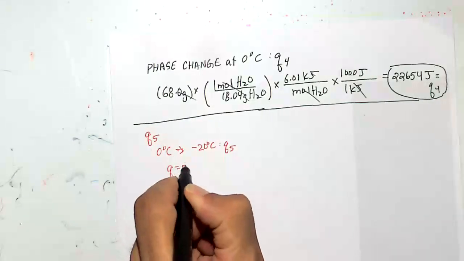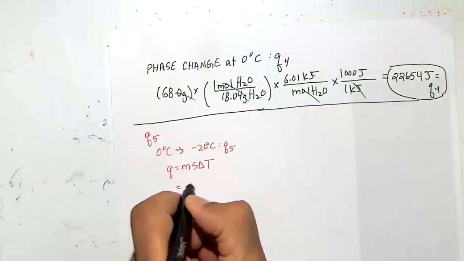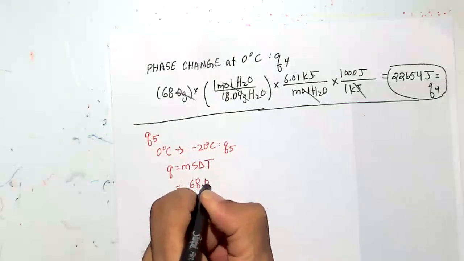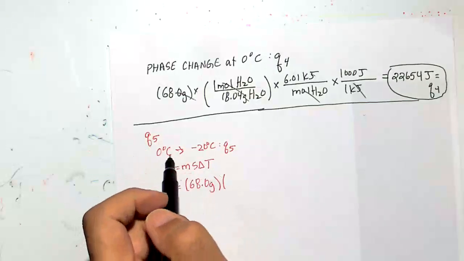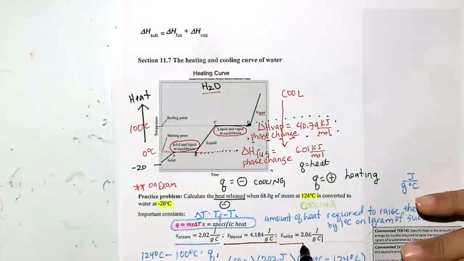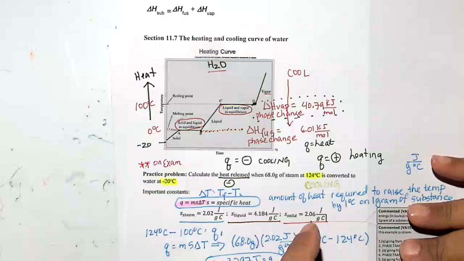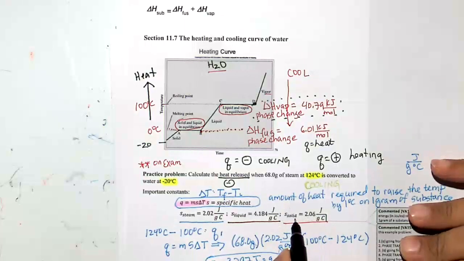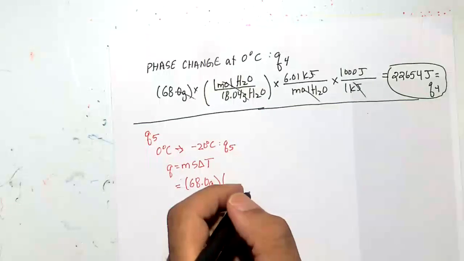So here we're going to use Q equals m c delta T. Okay, the mass is 68.0 grams. For the specific heat from 0 to minus 20, we will use the specific heat of 2.06 joules over grams degree C, because most of the water is going to be in the solid state, spanning from 0 to minus 20.